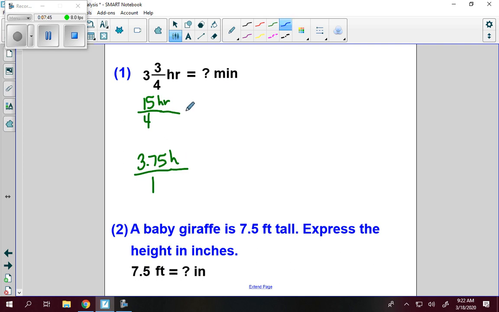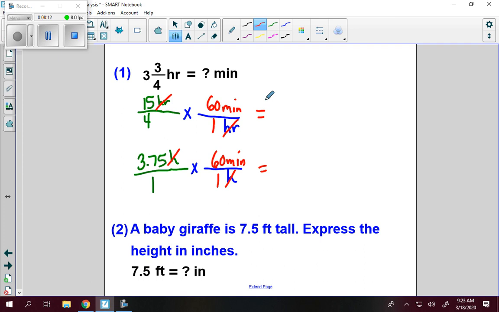Then we're going to write times with a fraction bar with the label on bottom to match the label on top. Then to get to minutes and hours, there are 60 minutes in an hour. So 60 minutes goes on top with 1 hour on the bottom. I cancel my hours.